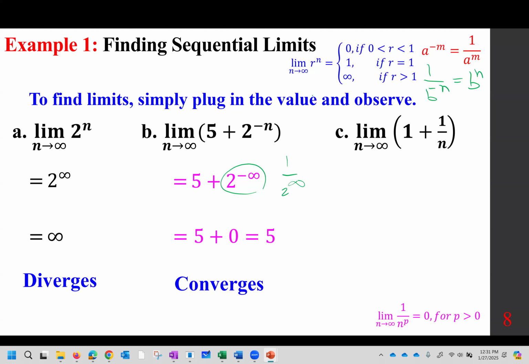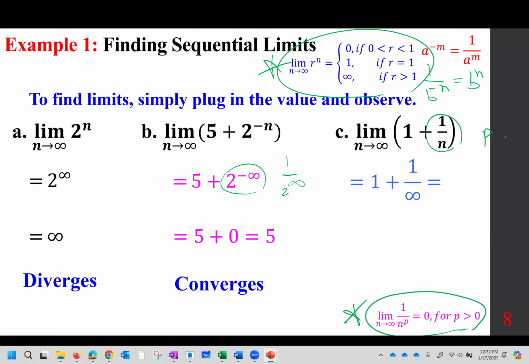Again, this is a very important theorem we should remember, and we come across it a lot. Part C, plug in. Of course, 1 over infinity, it's really using this one where p is 1. And so 1 plus 0 is 1, and it converges.